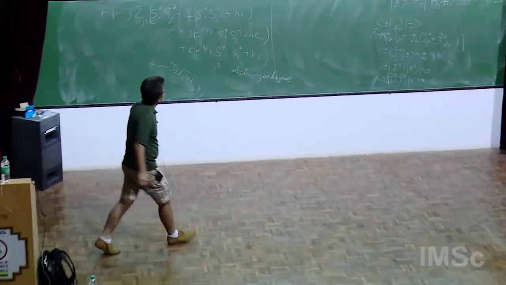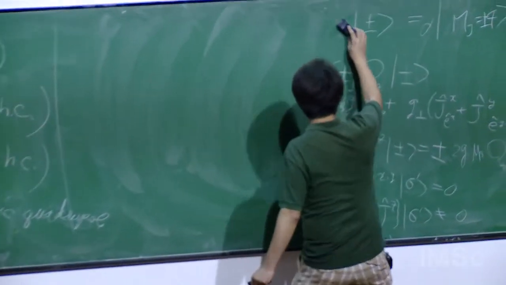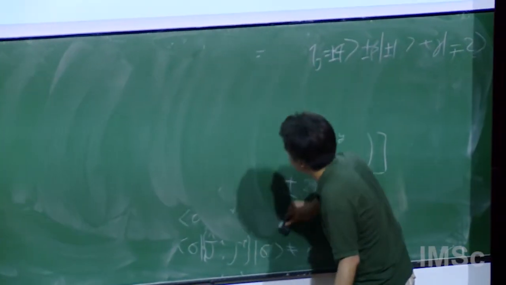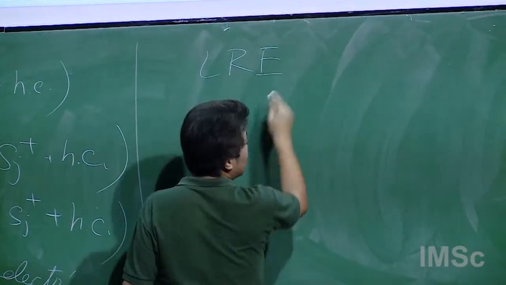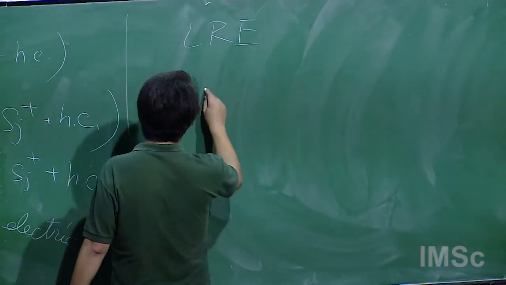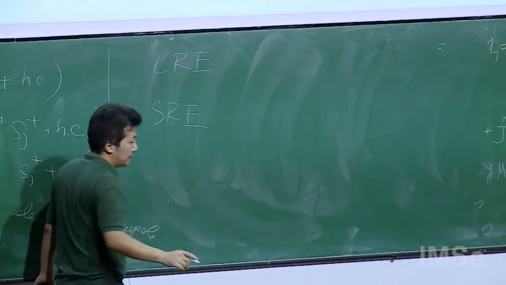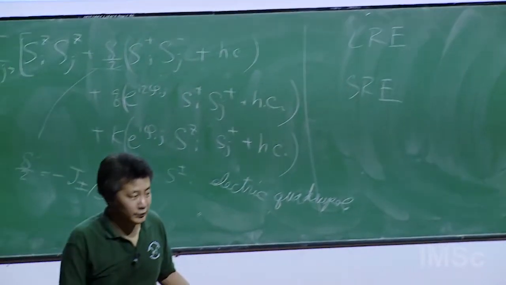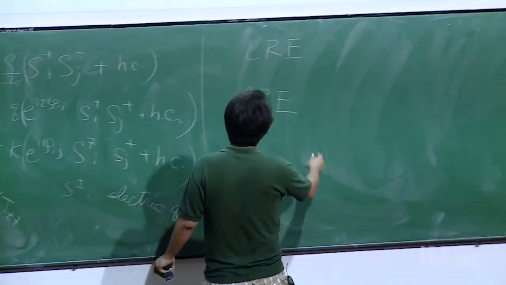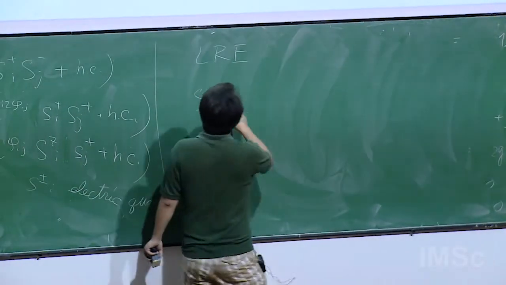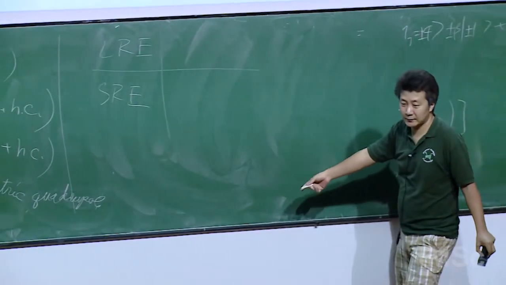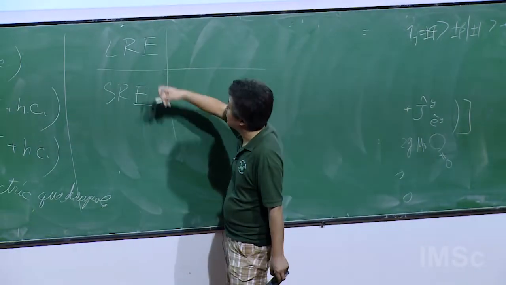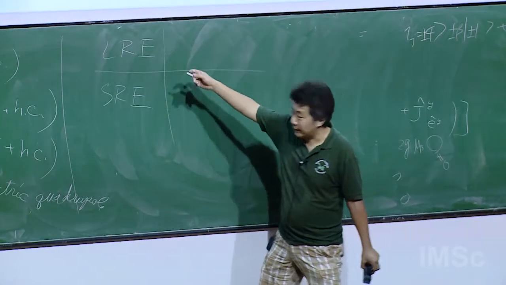When you talk about entanglement entropy, there are several cases. There are long-range entangled states and short-range entangled states. Except for 1D, which is trivial, all trivial states belong to the short-range entangled states. Topologically non-trivial states or deconfined phases all belong to long-range entangled states.